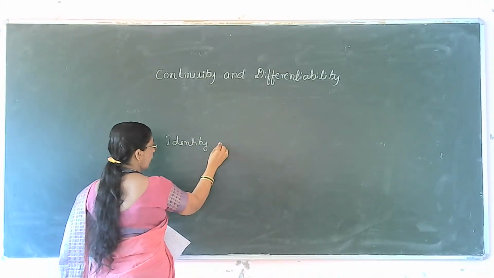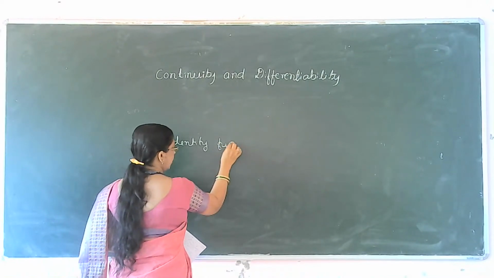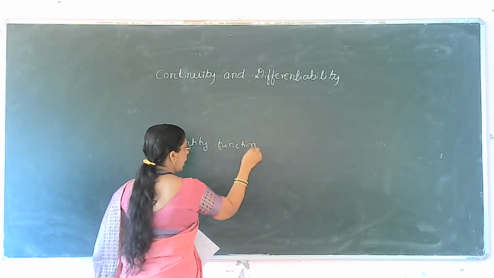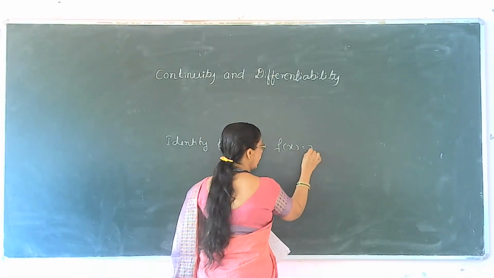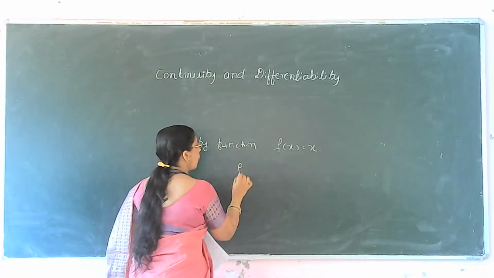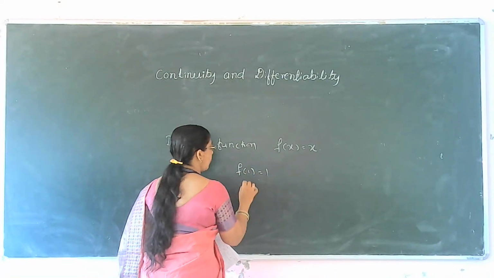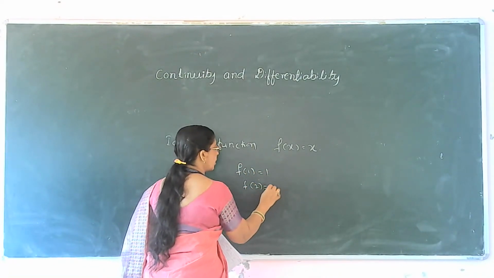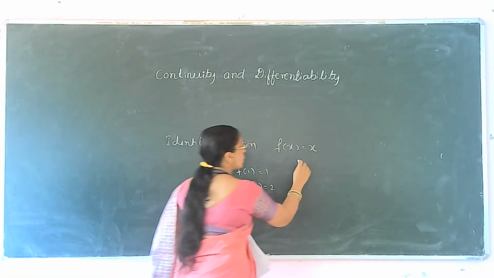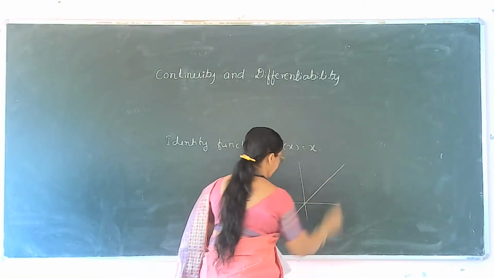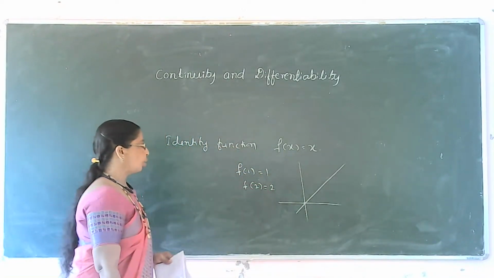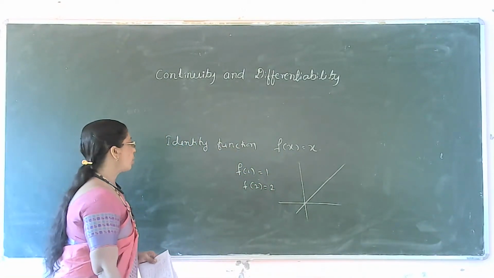Identity function means f of x is equal to x. Here, f of 1 is equal to 1. You studied this in the last year. This graph also shows that the function is continuous.